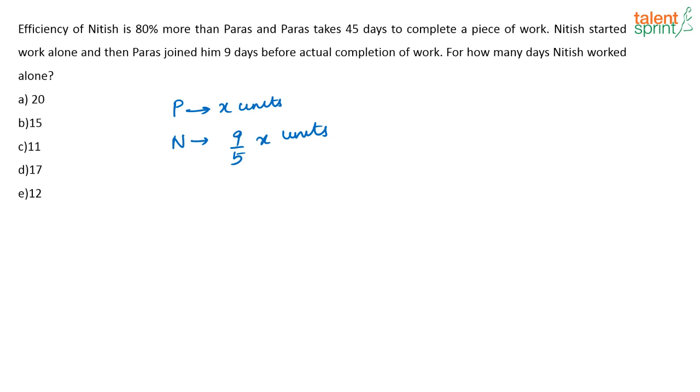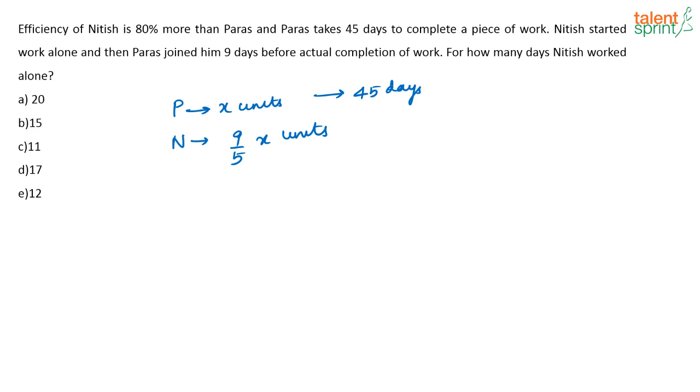Now, it is given to us that Paras is able to complete the work in 45 days. What we have to keep in mind is that efficiency and the number of days are inversely proportional. If the efficiency of a person is very high, the number of days for him to complete a work will be less. If the efficiency is low, the number of days he will take will be high.